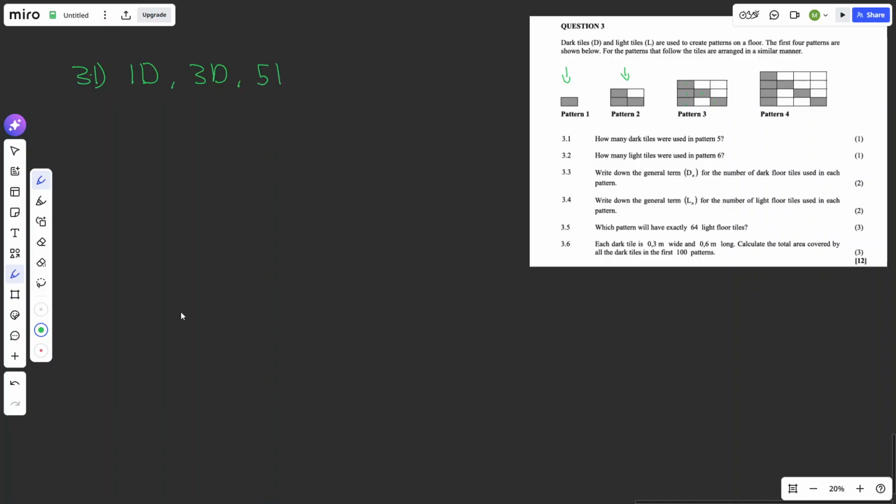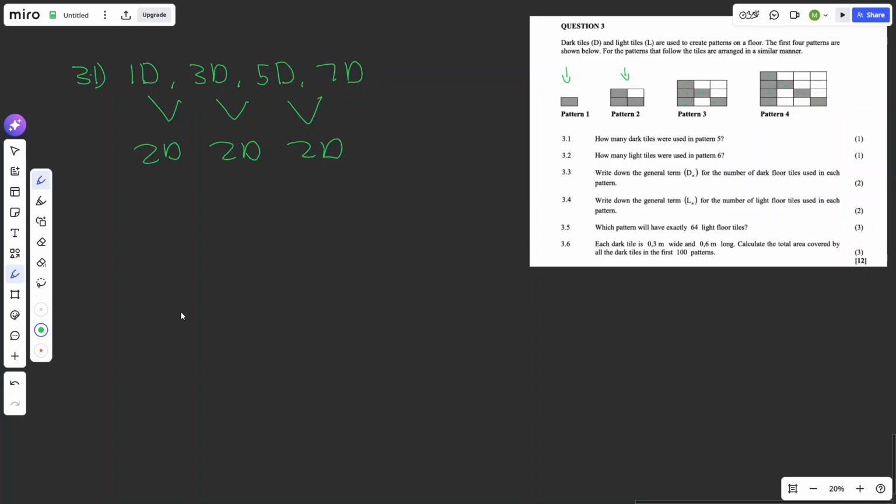We can already see there is a pattern here. The last one is 1, 2, 3, 4, 5, 6, 7. So you simply count them, 7D. If we look at consecutive terms, there is a constant difference of 2. 2D, 2D, 2D.